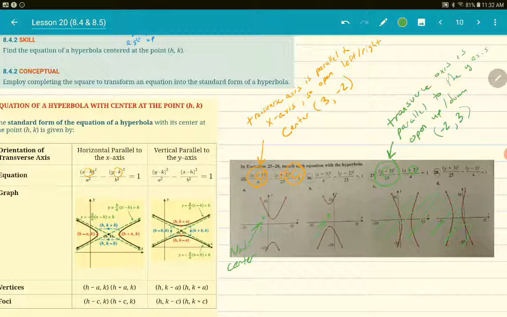So that tells me that B is our match for 27.